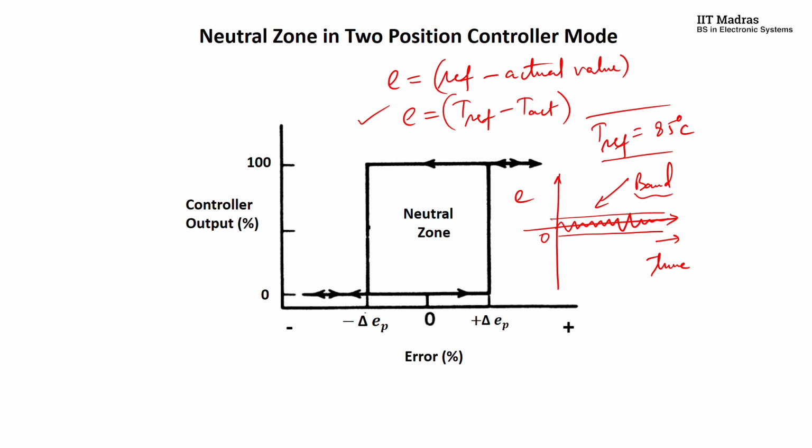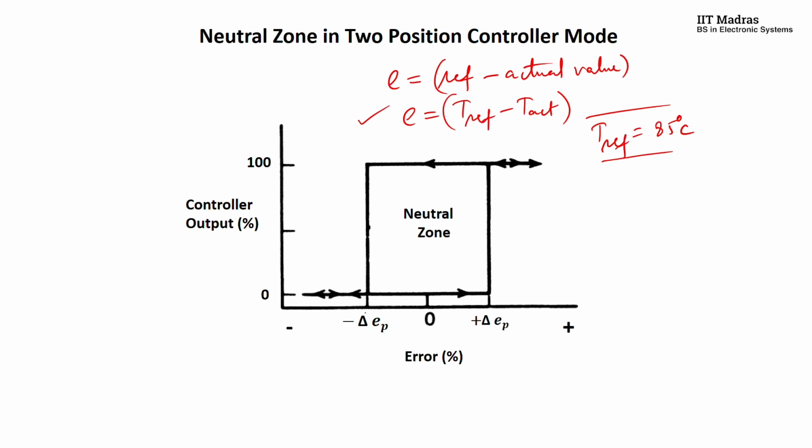If the band is larger, the sensitivity will be smaller, and if the band is smaller, then the sensitivity will be larger. Let's try to understand that with the same example of the situation here.